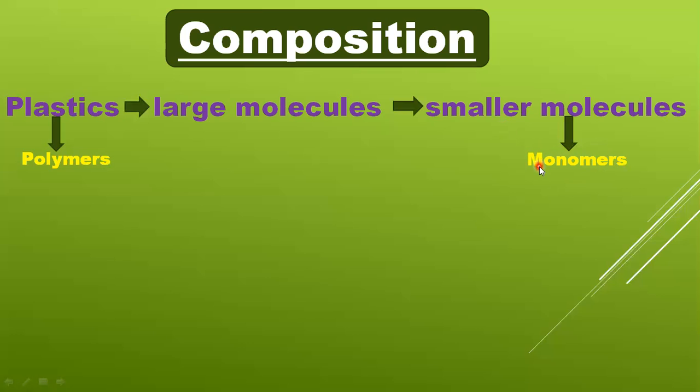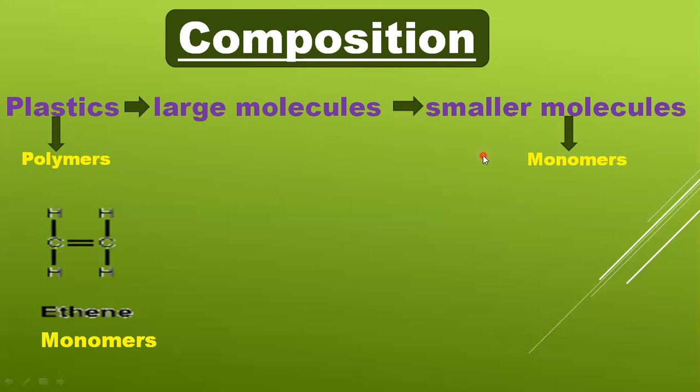So when many monomers or small molecules combine together, they form large molecules or polymers. So plastic is also known as a polymer. It is a large molecule made up of many smaller molecules known as monomers.